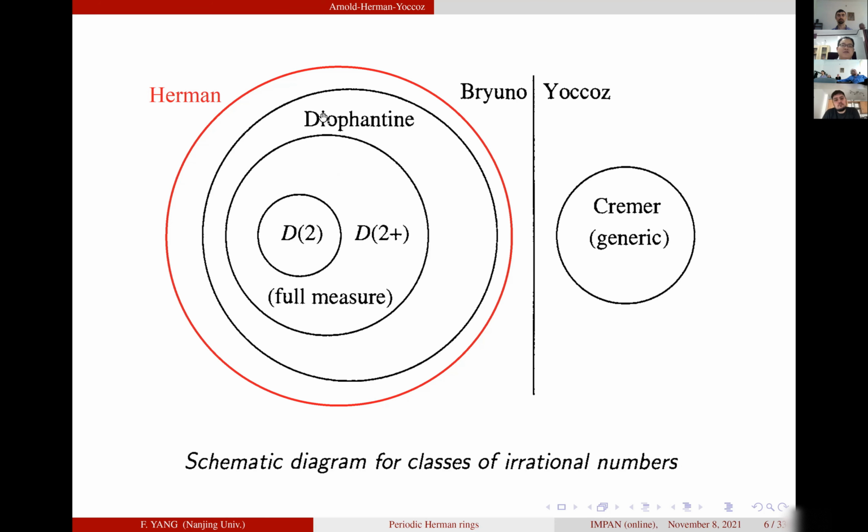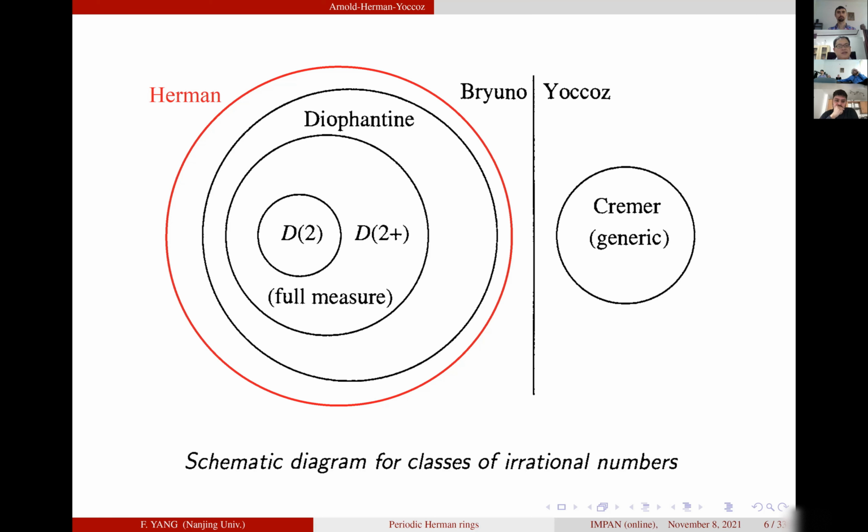And the Diophantine numbers are contained in the Herman type. And the Herman type is properly contained in the Bruno type. And Yoccoz gave a characterization of the complement of the Bruno type. We will mention it in a moment.